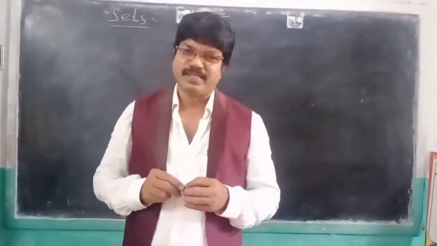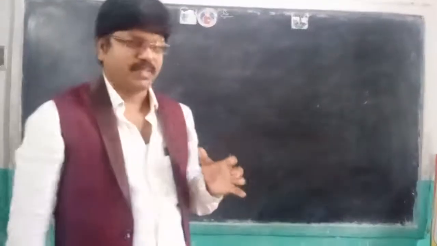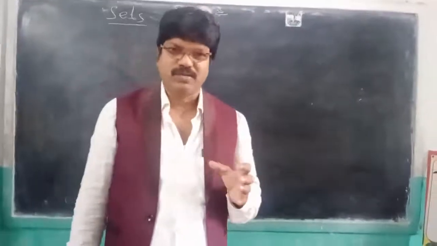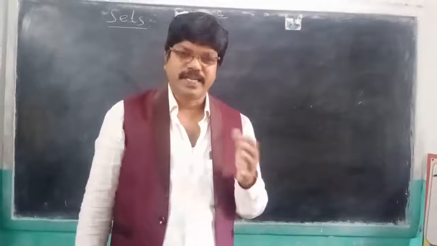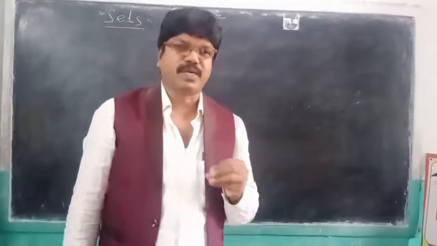And the differences summary. I am going to recall all this once, and I will give some homework also. Then we close it, and after that we move to another chapter tomorrow.